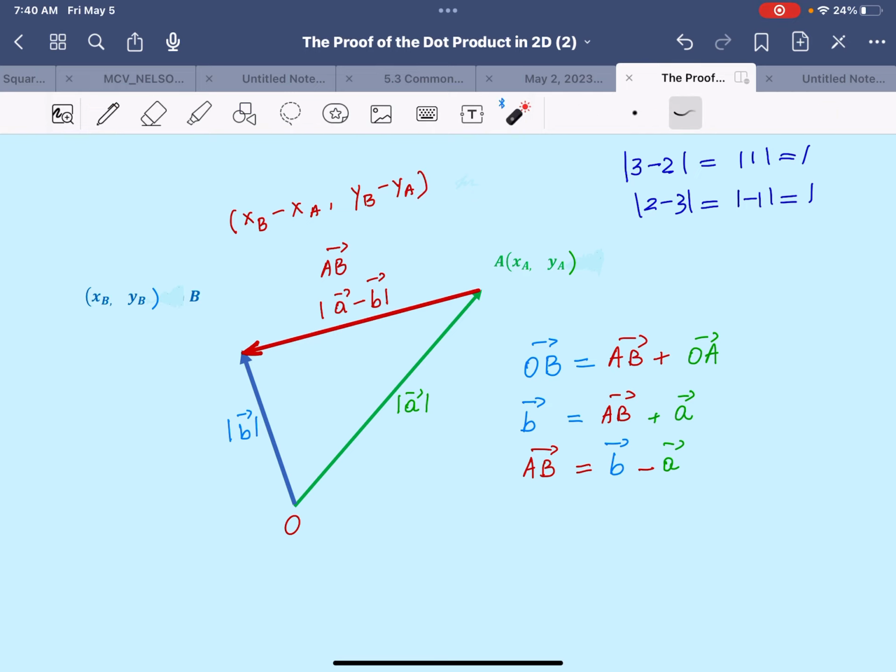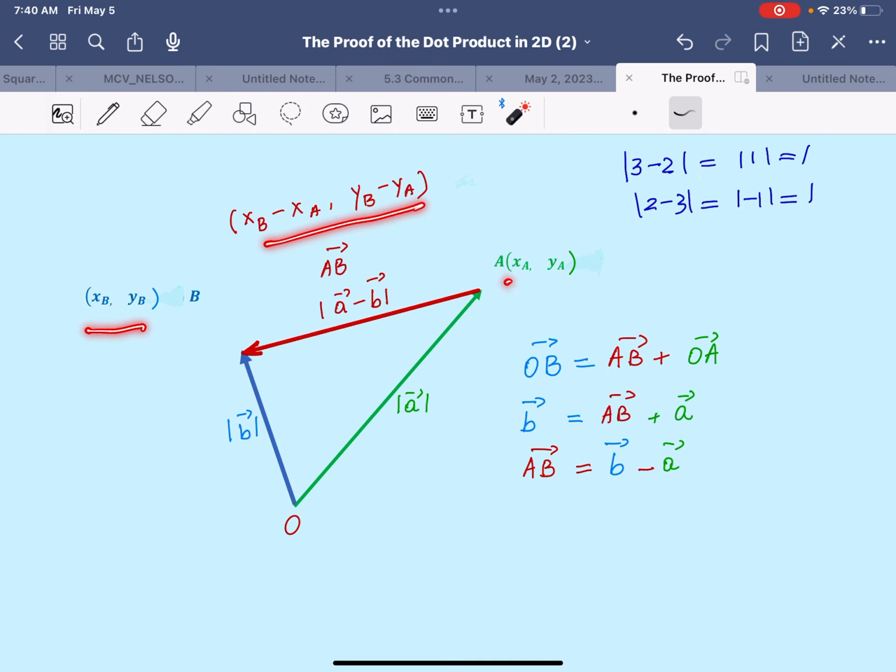So as you can see now, for this triangle, we have the vectors connected to each other by this relationship. We have their magnitudes connected to each other, and we have the coordinates of each vector. Remember, O is (0, 0), like point O. So we have the vectors sort of in algebraic form.